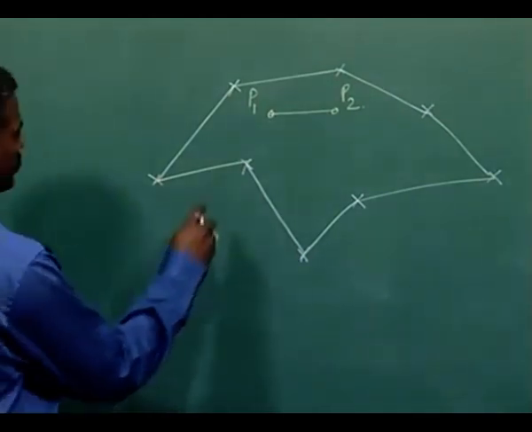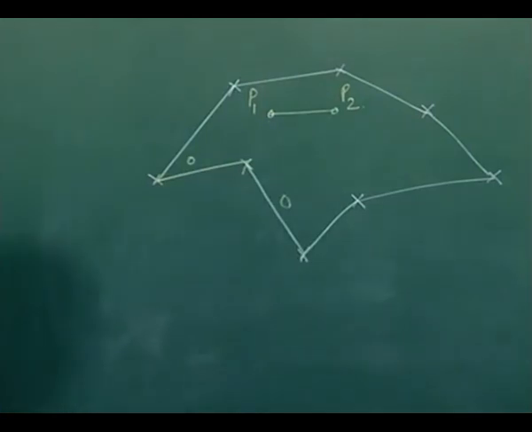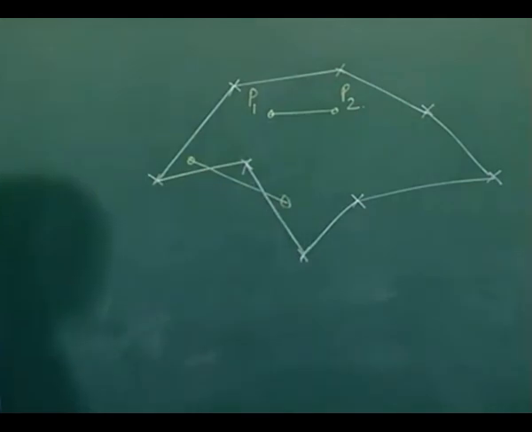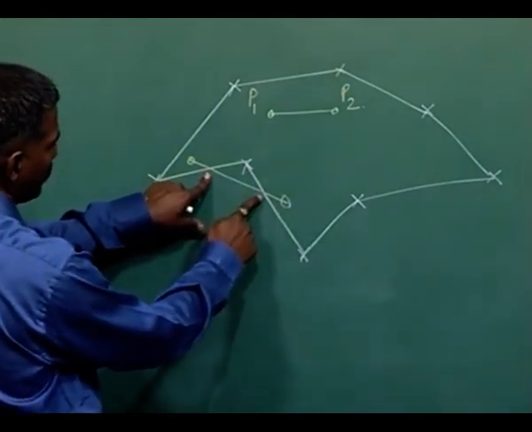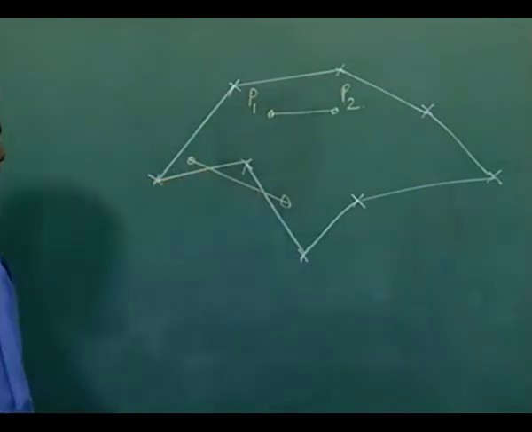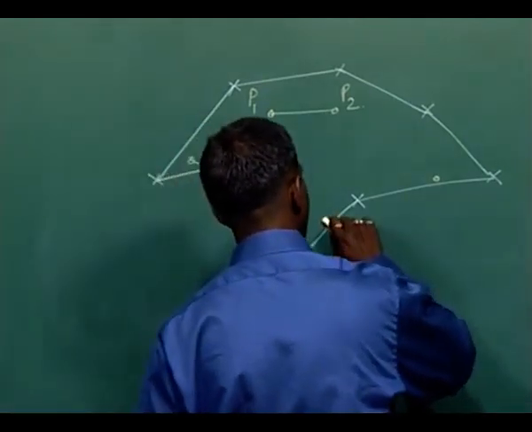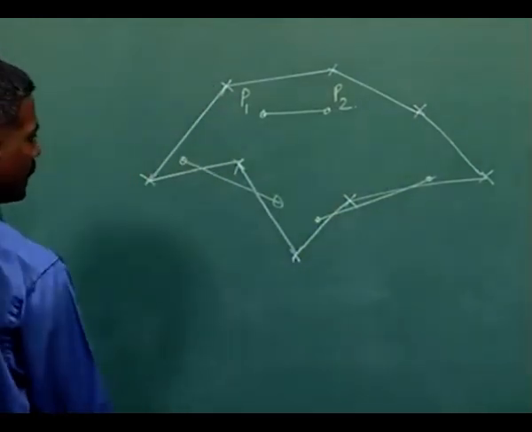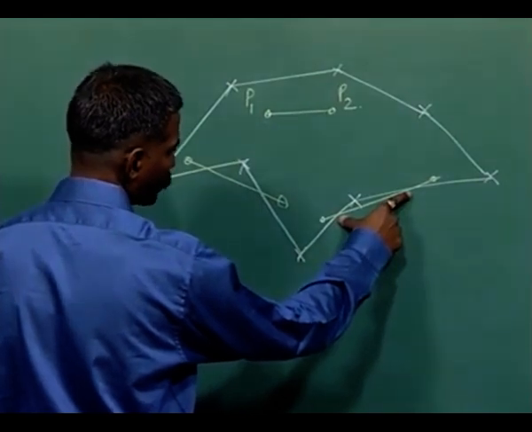Now let me choose 2 points here and here, and let me join them using a line segment. You would notice that a part of this line is outside the hull. Let me choose another set of intermediate points, and let me join them again using a line segment. Once again, this portion of the segment is outside the hull.